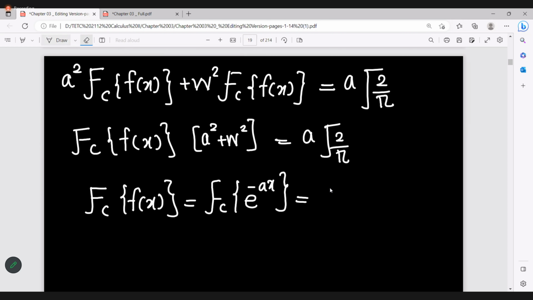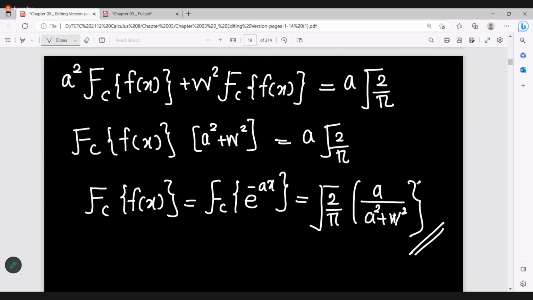This is equal to square root of 2 over pi times a over a squared plus w squared. This is the answer. So even though we have used the definition, that means the integration related operation, we have still obtained the same answer.